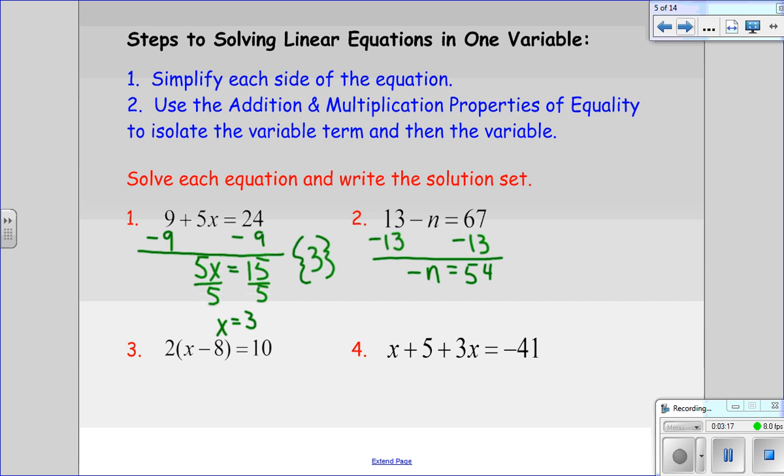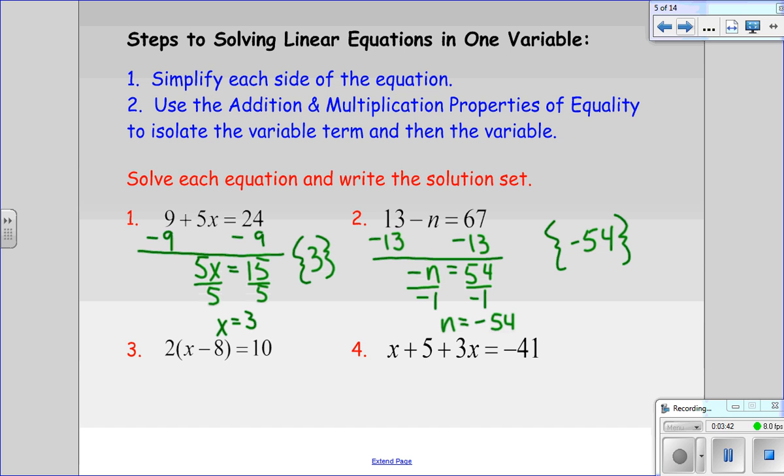And our n is still not isolated until we use the multiplication property and divide each side of the equation by negative 1. Therefore, n will equal negative 54, and we see clearly that negative 54 is our solution.